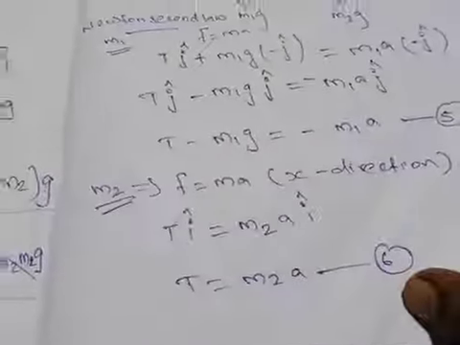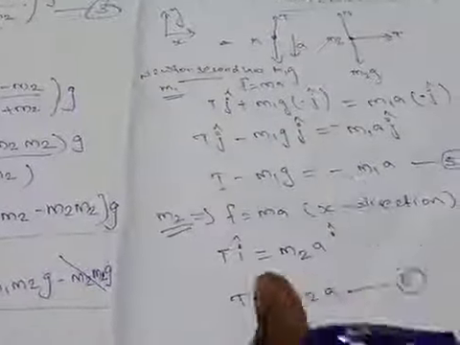Now you have to substitute 6 in 5. So T equal to M2A you have to put in this equation. So M2A minus M1G is equal to minus M1A.